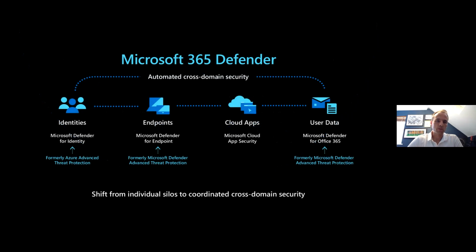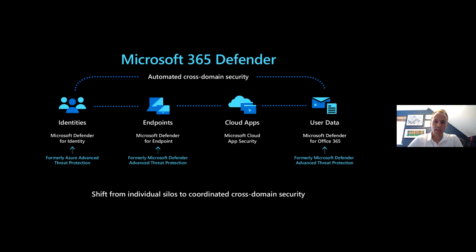It was formerly called Azure ATP. So if you're not familiar with the Defender for Identity name, through that branding re-exercise, it's now Microsoft Defender for Identity. And then we have Microsoft Defender for Endpoint to protect your endpoints. That was formerly called Defender for Advanced Threat Protection, or Microsoft Defender ATP. And before that was Windows ATP.